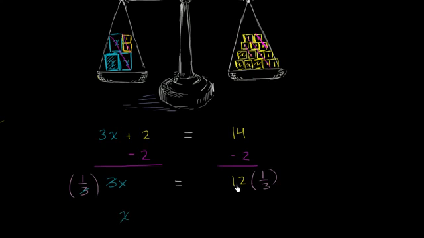And on the right-hand side, 12 times 1/3, which is the same thing as 12 divided by 3, is equal to 4. Since we did the same thing to both sides, the scale is still balanced. And so you see that the mass of this thing must be the same as the mass of these 4 leftover blocks. x must be equal to 4 kilograms.